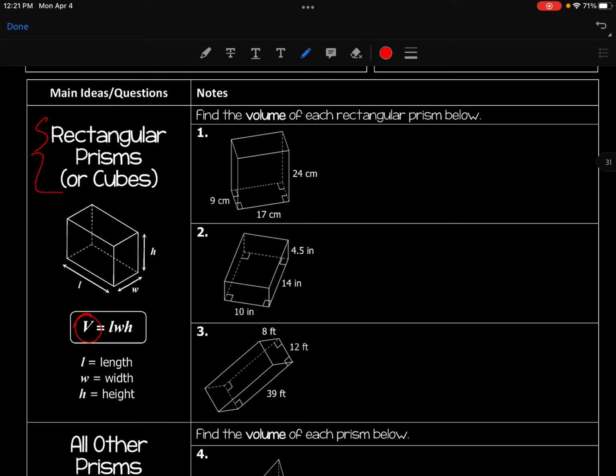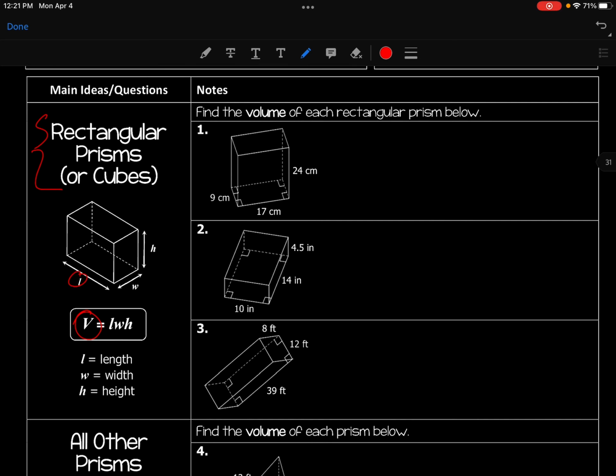In order to find the volume of a rectangular prism, you just multiply the length times the width times the height, given here. So for this example, number one, we can say that the volume is equal to the length times the width times the height.